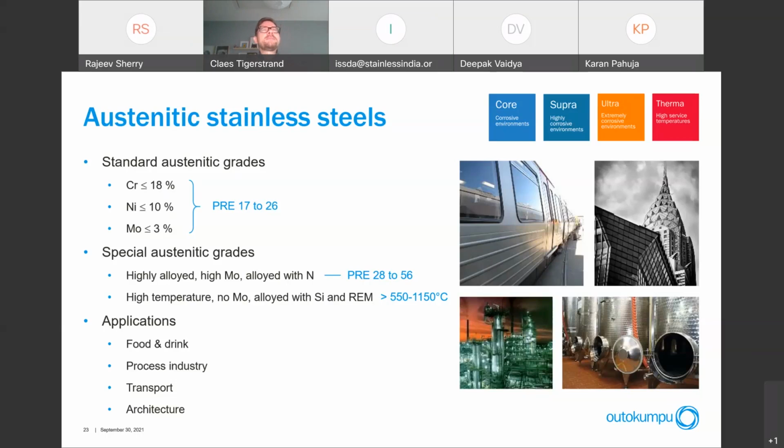The importance starts somewhere at 550 degrees and can be used up to 1150 degrees C. The austenitic grades are used in all different types of application, from food and drink to the process industry, for transportation, to different types of architecture. As we can see on the cladding on the top of the Chrysler Building to the right there, giving a very long service life with a minimum maintenance need.